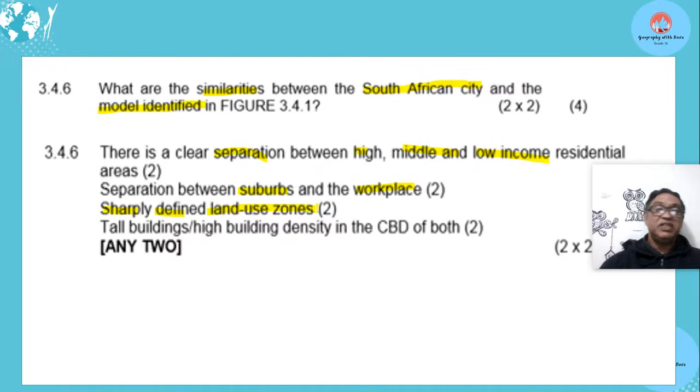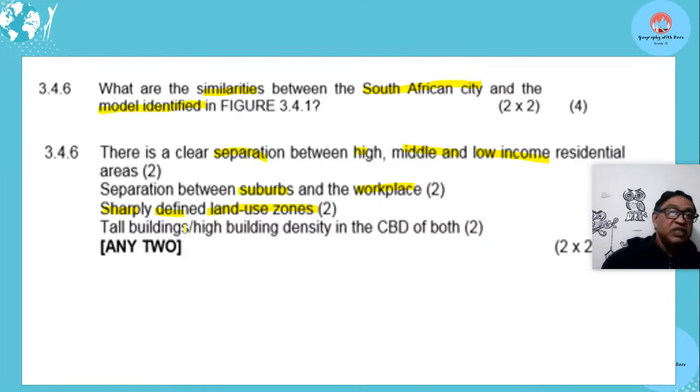That's industrial, all right? That's commercial, all right? Not that there's no commercial in the residential area, but our land use zones do have some clarity. Heavy industrial areas will be there. There won't be large residential areas around heavy industrial areas. Your CBD will have mixed functions. There will be some residential areas, but it'll be dominated by commercial or light industries, etc.